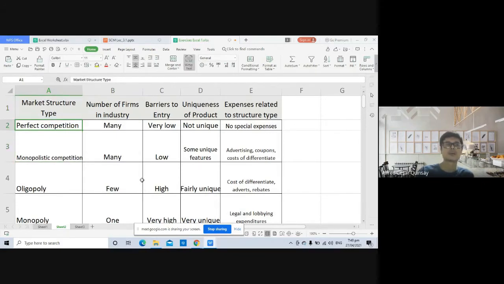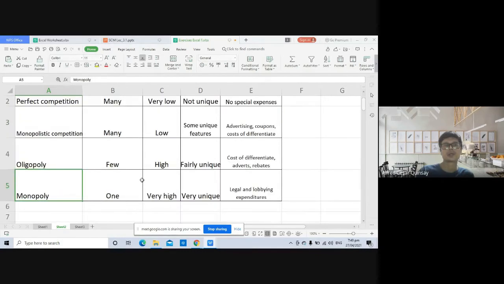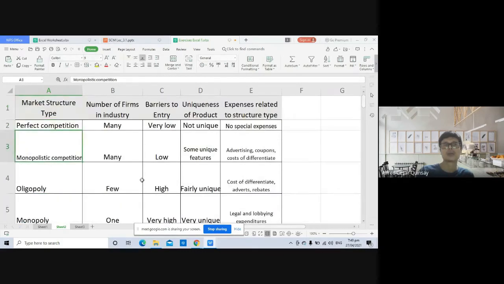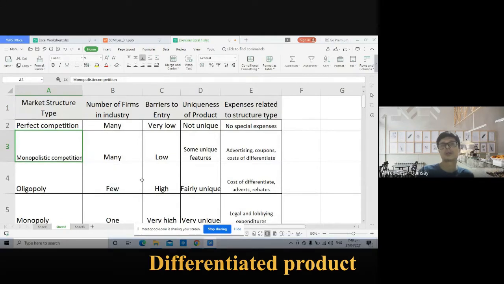Pag sinabing monopolistic competition, ito yung meron siyang characteristic ng perfect competition tsaka itong monopoly. Yung differentiated yung product niya.